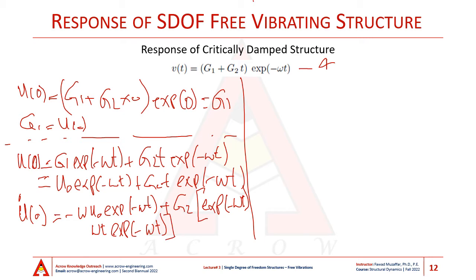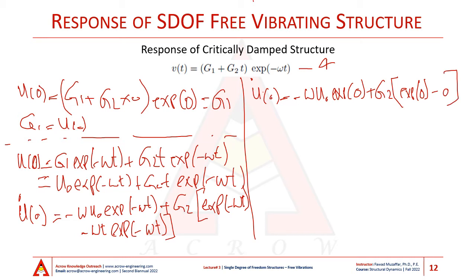Now at t equal to 0, again we will have u dot naught is equal to minus omega u naught exponential of 0 plus G2 into exponential of 0, and since the second term contains t, it will be equal to 0.